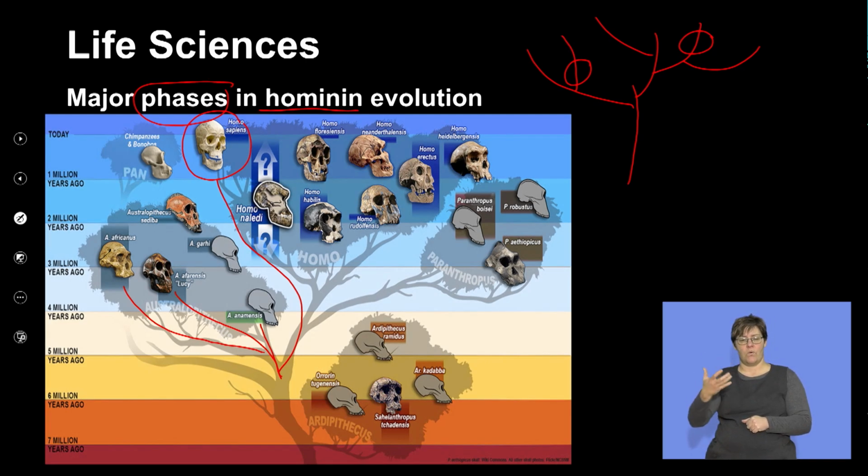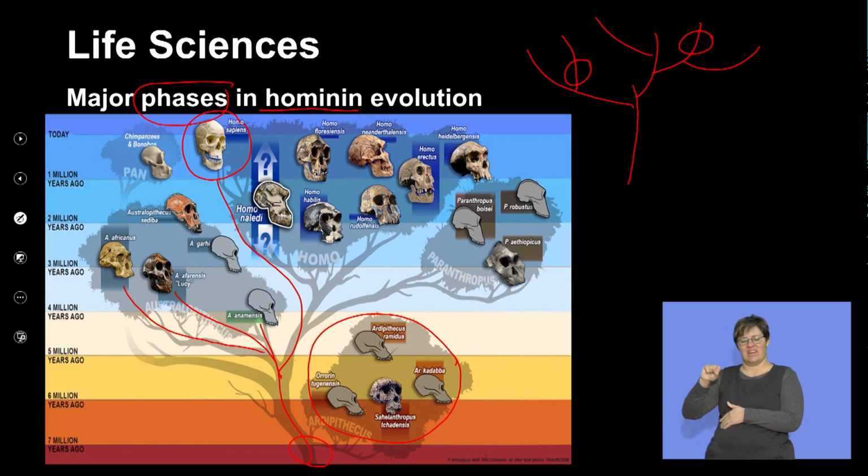Okay, so guys, what are we looking at when we look at the major phases? You don't need to learn everything off by heart here, like what is this and what is this, but you do have to understand the basic concept. What we have here are our common ancestors. These guys are always going to be your early hominins.